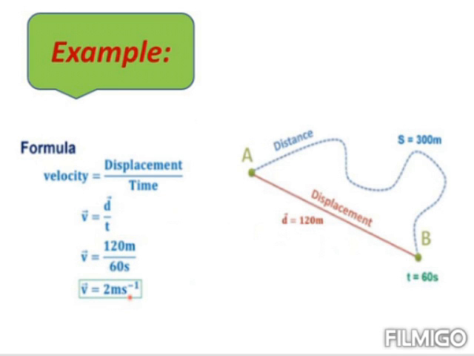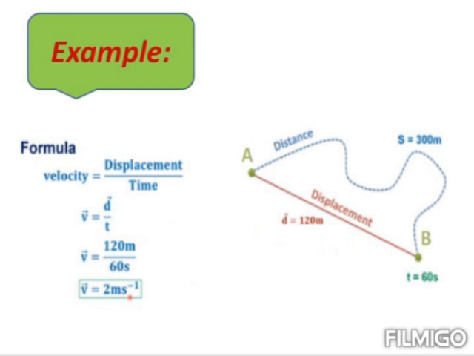The blue dotted line shows the distance covered by an object from point A to point B, that is equal to 300 meters, and the red line shows the shortest distance, or the displacement, covered by the object from point A to point B, that is d is equal to 120 meters, and the time taken to cover the displacement from point A to point B, that is t is equal to 60 seconds.